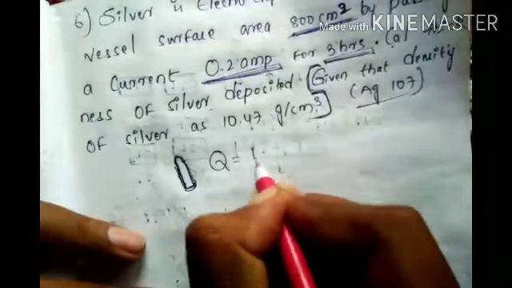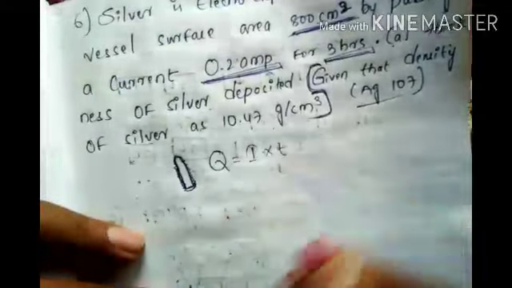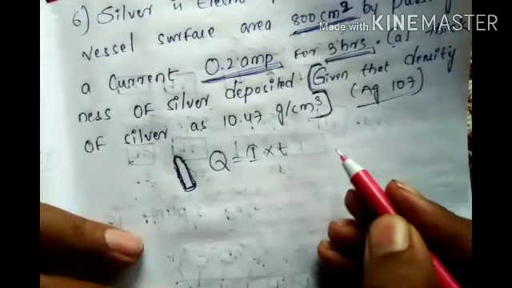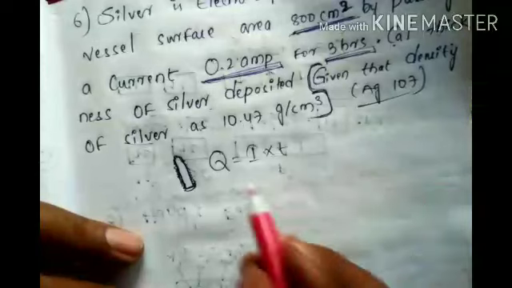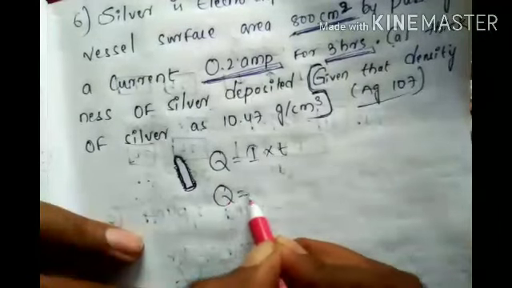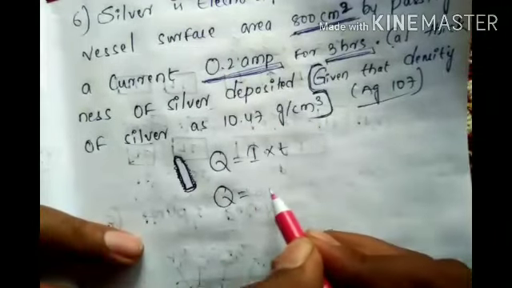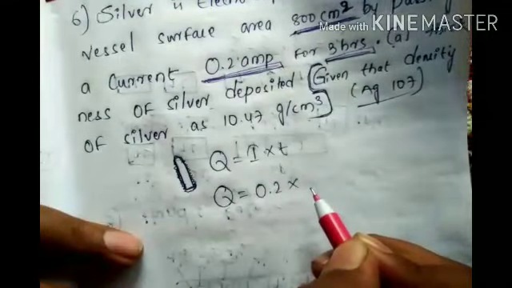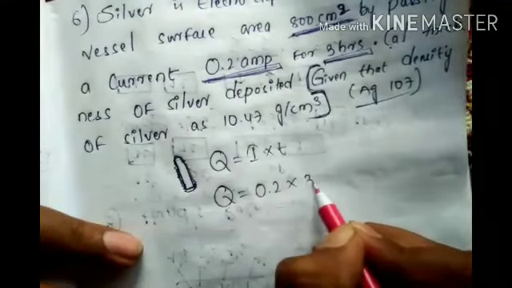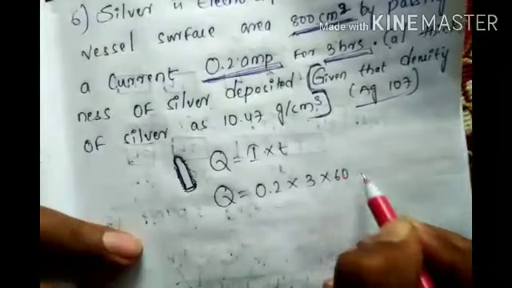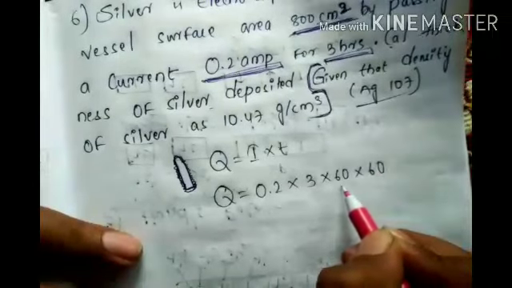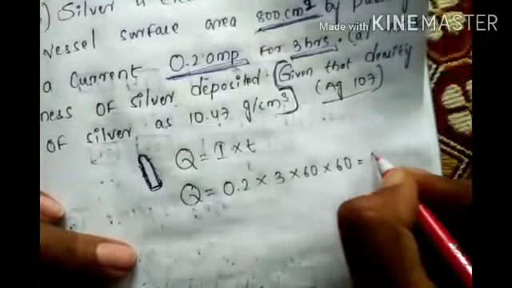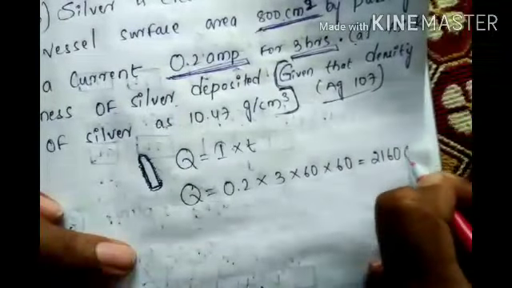the quantity of electricity, Q equals I t, that we know. If time is given in minutes, we have to convert into seconds. So Q equals amperes, 0.2, and time is 3 hours, so 3 into 60 into 60, equals 2160 coulombs.